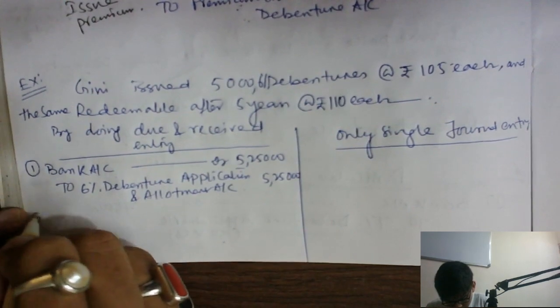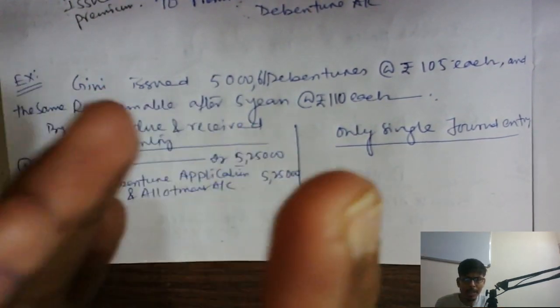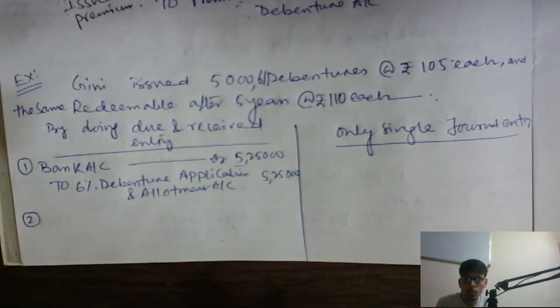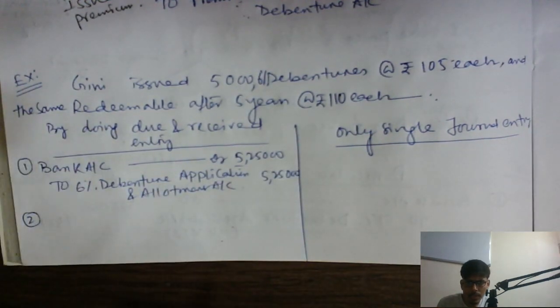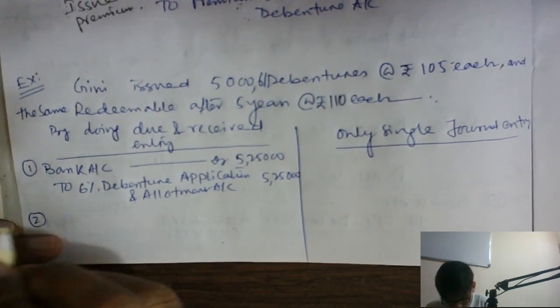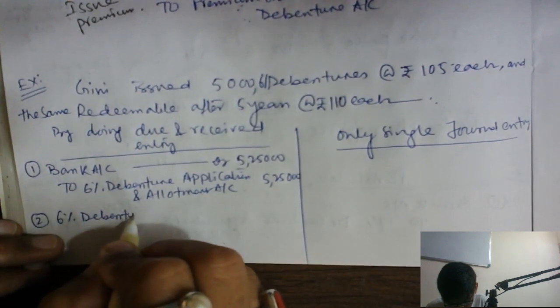Now the receive entry, because as in the question no application and allotment is given separately, so we are going to make it a single account through the debenture application allotment. Now this 6% debenture application allotment should be debited.